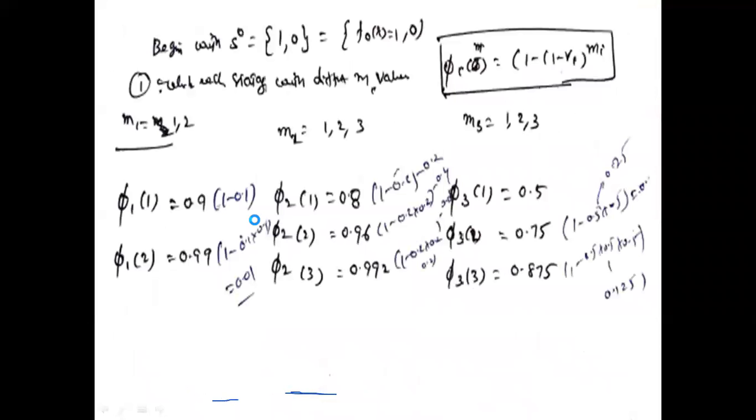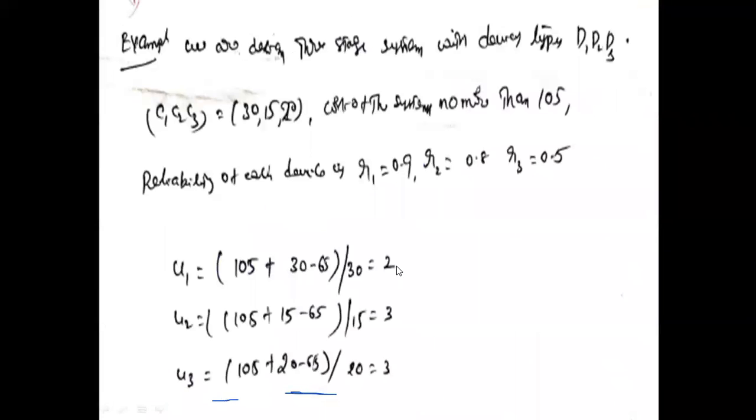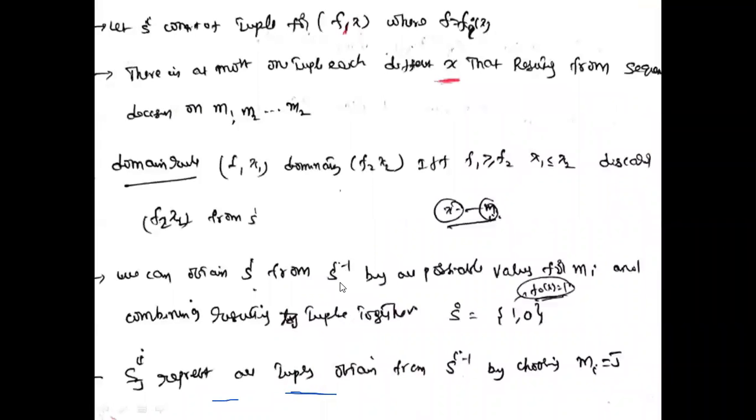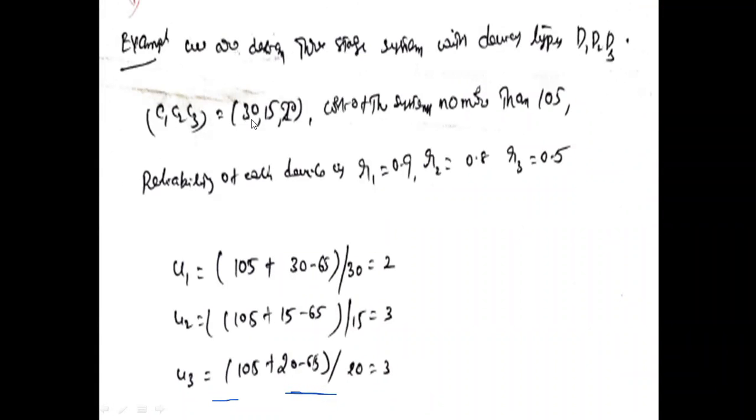So our main problem is, suppose the upper bound is 233, and the costs are 30, 15, 20. The total cost of the devices is less than 105, and our cost is 100.